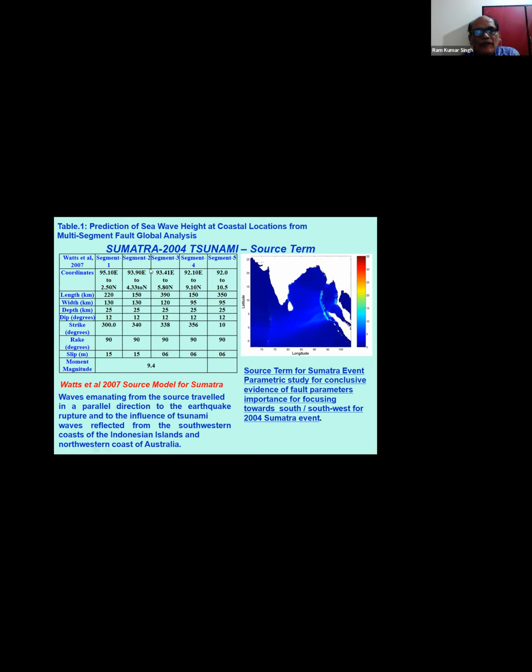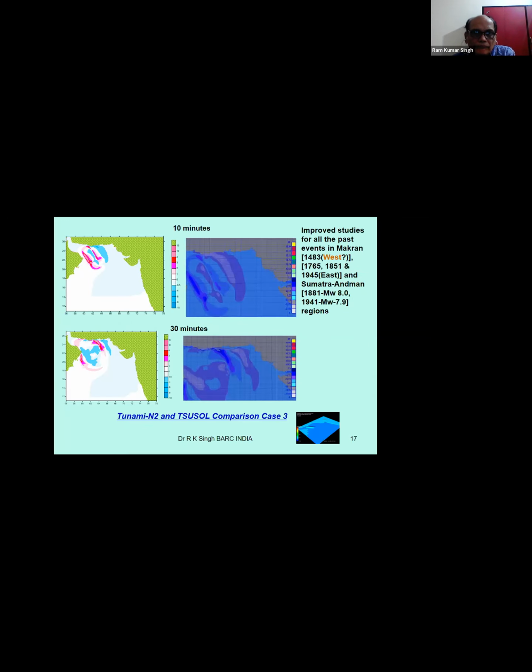So we developed this 5-segment model after discussions with various experts, and these are the different fault parameters: the length, width, depth, dip, strike, and rake and slip values for this 9.3 plus magnitude earthquake. And this was implemented in the model by all the round robin participants. So one requirement was that they should have this multi-segment fault model in their codes.